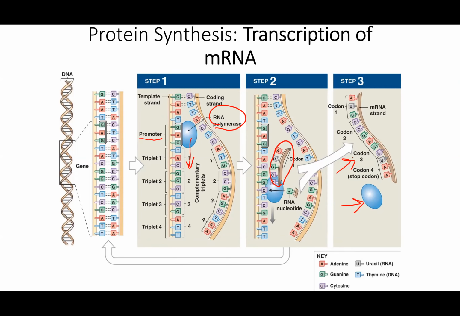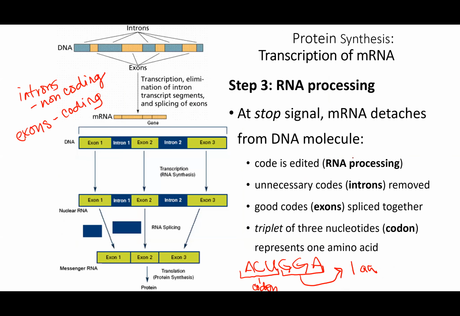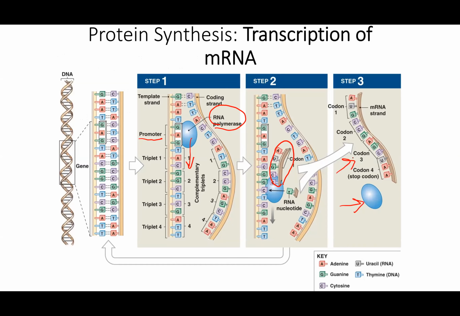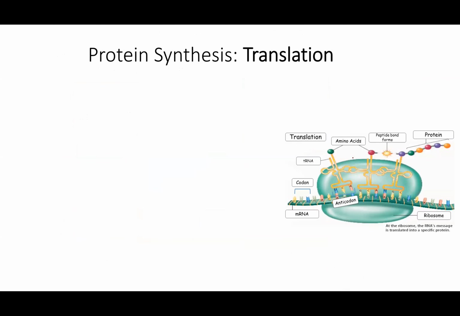After you've formed this mRNA strand, we go back to splicing, or processing, where we take out the introns that are junk DNA and splice together the exons, which are the actual coding sequence, and then we get our complete mRNA molecule.